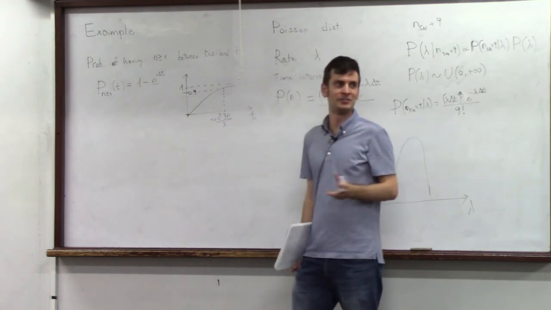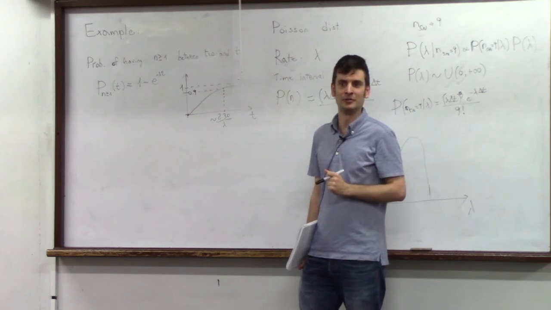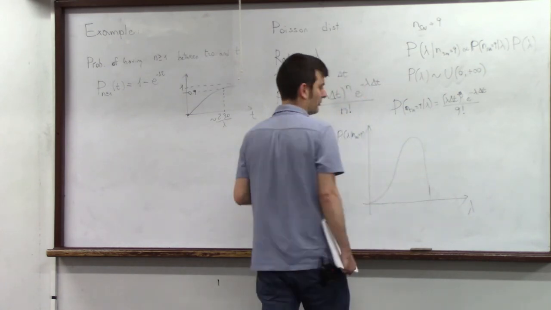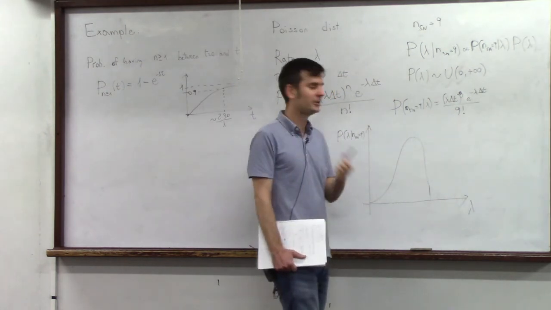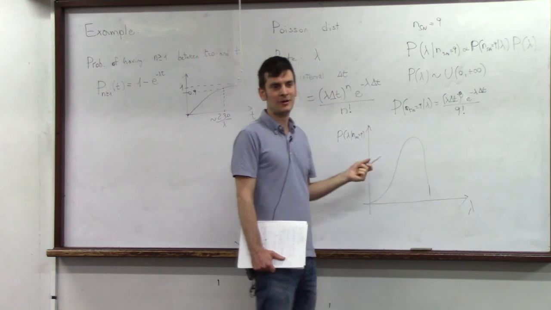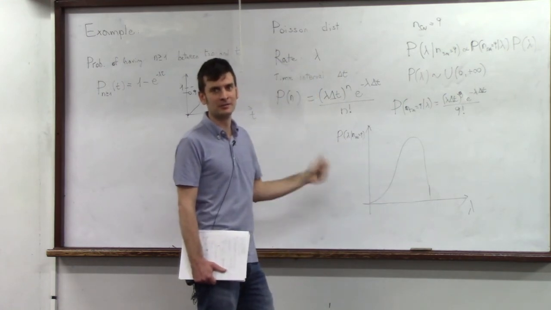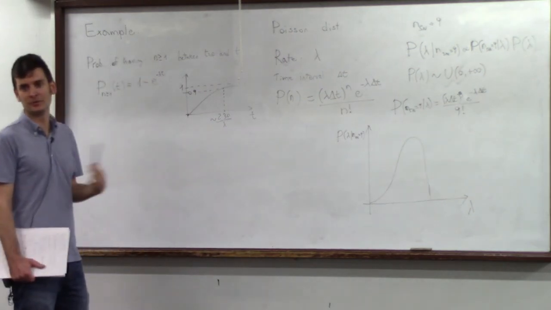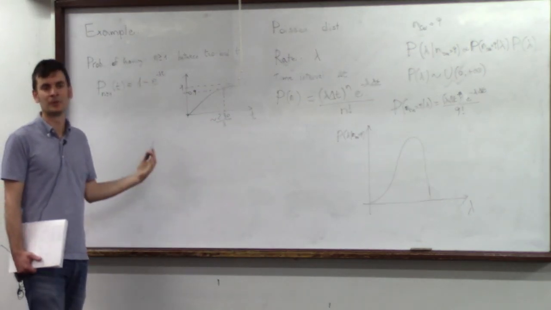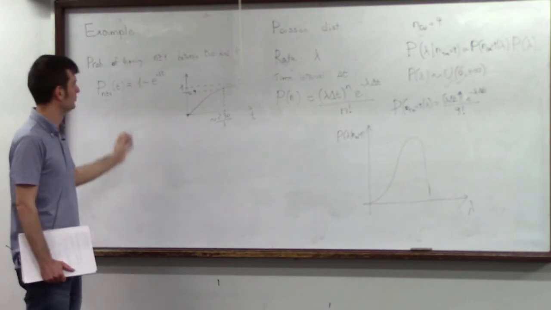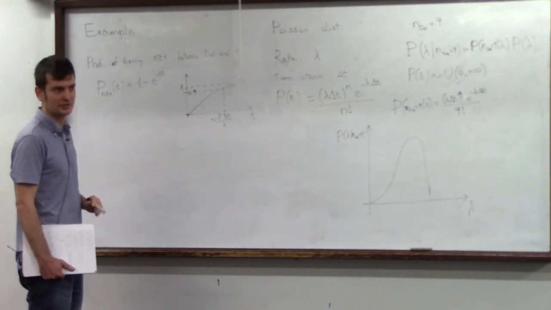But in general, we will not know the value of lambda. So what do we do? Our knowledge of lambda is not a number, but is a distribution. It's this. So how can we combine this with this model to give a probability of a supernova explosion before time t?